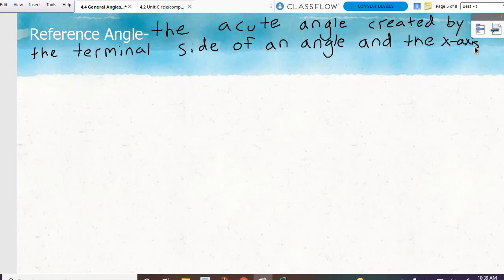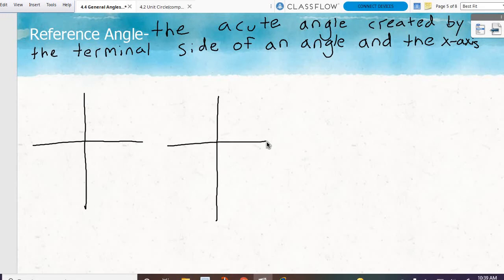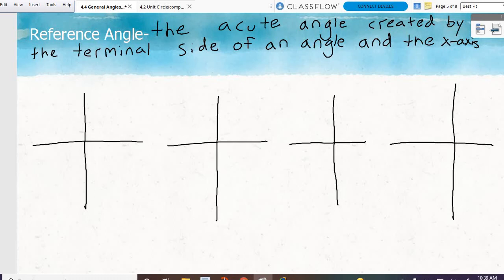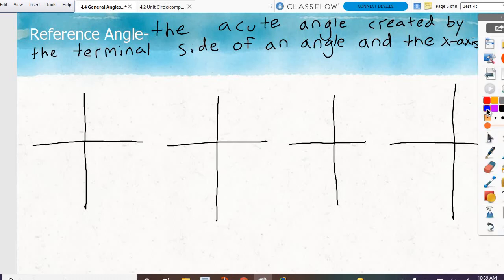So, let's look at what I mean here. If I'm in my first quadrant, that's what my angle would look like. This would be our theta. We're going to label our reference angle as theta prime. So, where would our reference angle be located?